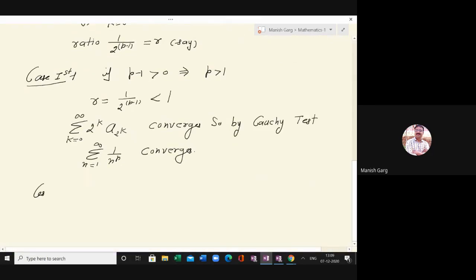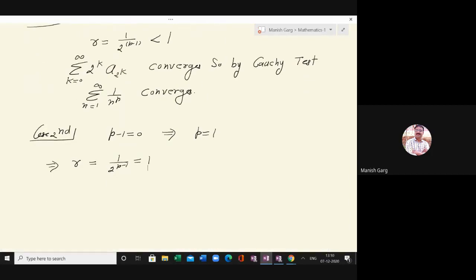Now case second: we take p minus 1 equal to 0, so p is equal to 1. So what will be r? r is equal to 1 upon 2^(p minus 1), so this is 1. So we have a GP whose common ratio is 1, so you can say the series sum k equals 0 to infinity of 2^k a_(2^k) diverges.